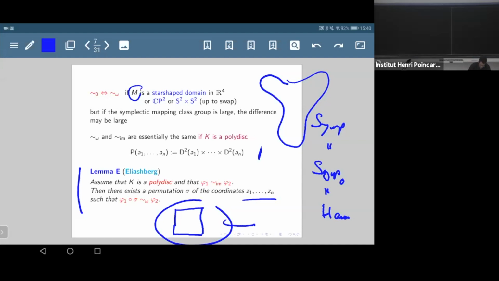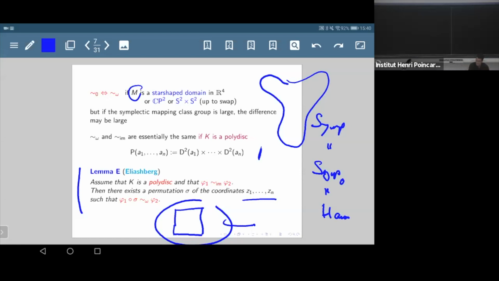IM is the roughest one. Just the images are the same. And I say that when you embed a polydisk into anything, and you ask whether the images are the same or the maps are the same up to a symplectomorphism of ambient space, the difference of these two relations is only up to at most n factorial, because by precomposing the polydisk with a coordinate permutation, you can correct the map inside of the target polydisk.